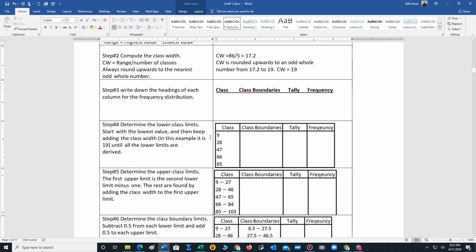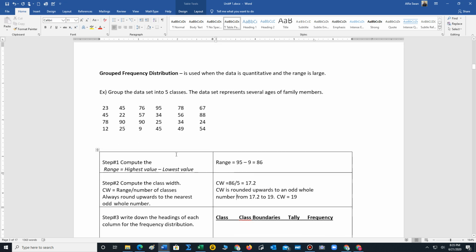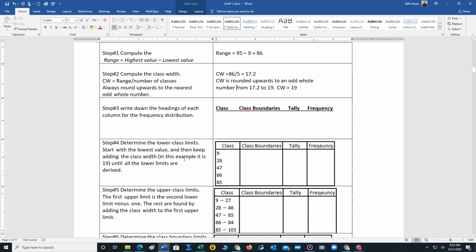In this case, the lowest value is 9. And then we will just add 19 to 9. That's going to give us 28. You add 19 to 28 to get 47, and then just repeat this process until you have 5 lower limits.